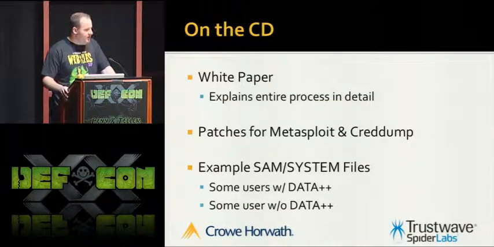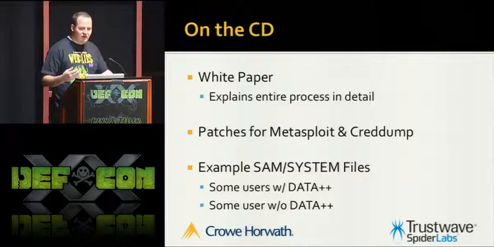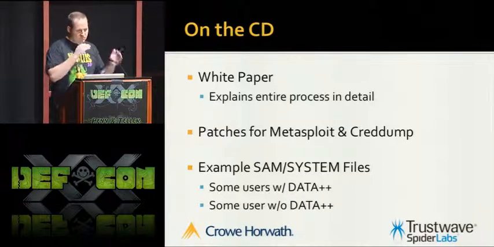So on your DEF CON CD, there is a white paper. It goes into a ton more detail about how you actually extract these hashes out of the registry. We didn't want to create a new tool, but we did want to provide a blueprint for how this stuff works, so you can take a registry extracted value and peel it all the way back down to the hashes using the white paper that we described.